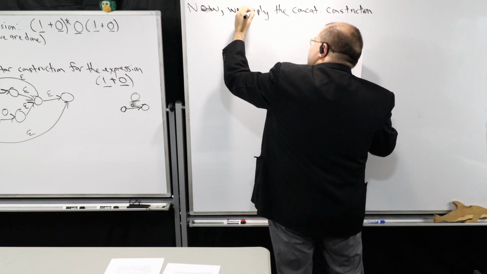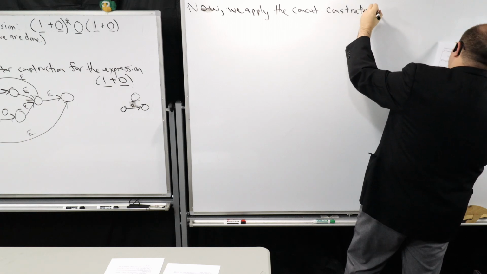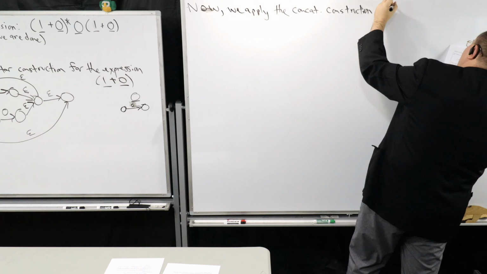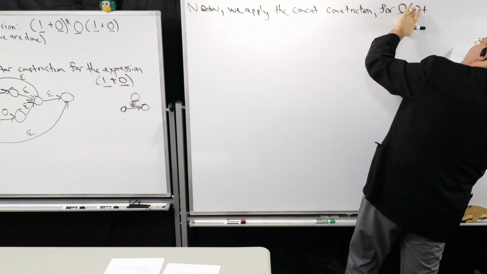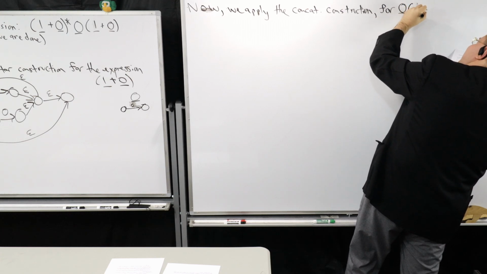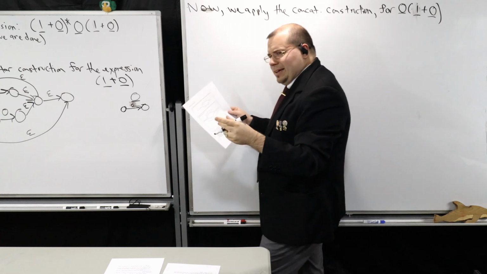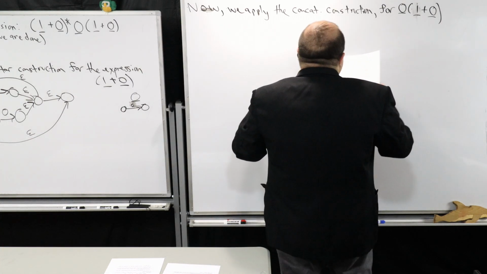Now we, because we're doing this together, we apply the concatenation construction. For 1, we had the 1 right here. Although it doesn't make any difference, I'll put the 1 right there. 1, 0 like this.